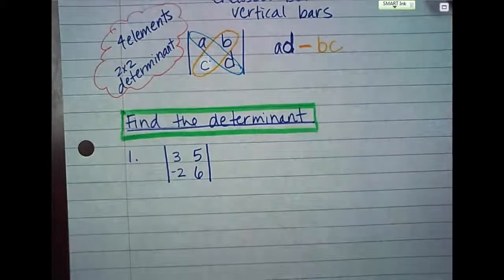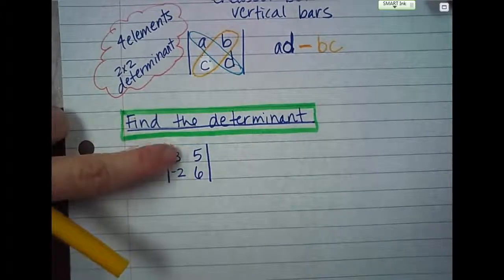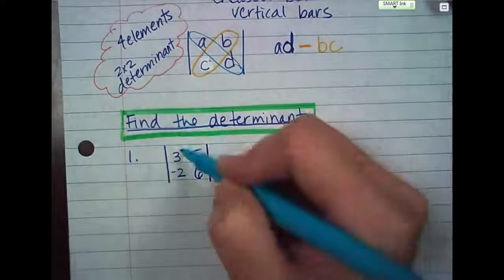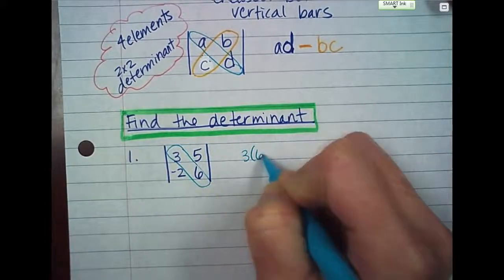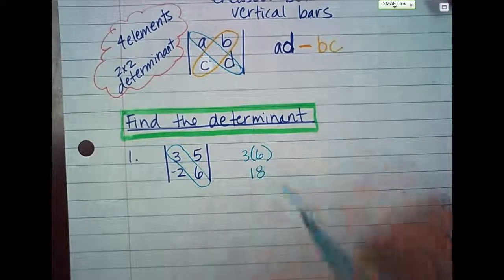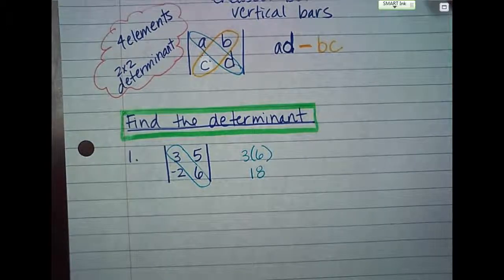Okay? To solve the problem, like I told you, you start like you're going to read a book, right here at the 3. And you're going to multiply 3 times 6. Because it's notes, I'm going to show you where we got that. 3 times 6 gave me 18. That way if we forget later, we can use our notes to learn it.